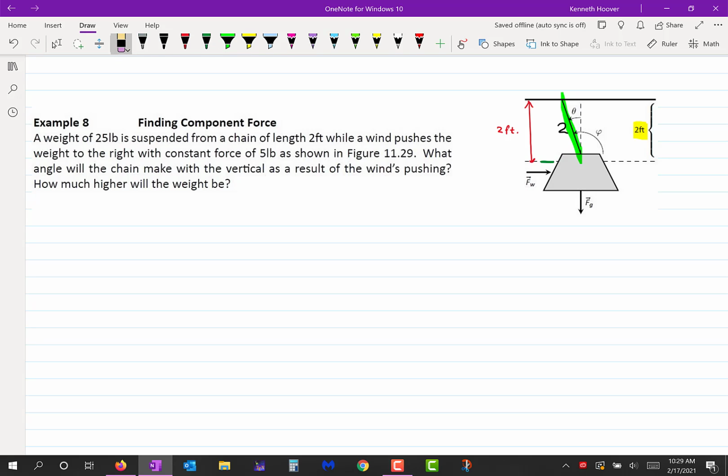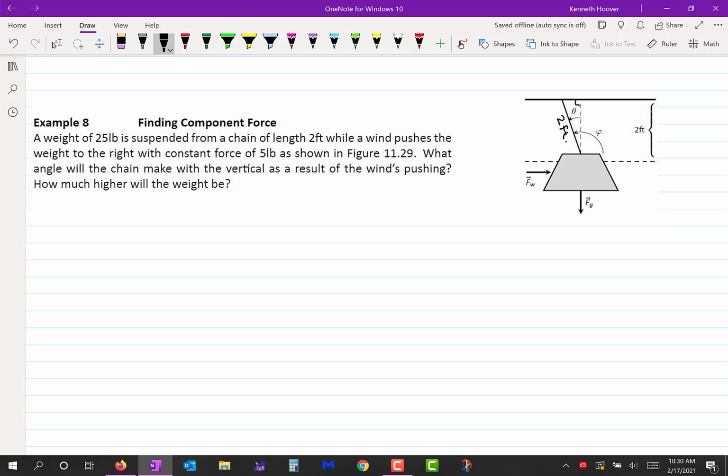I think that makes sense, right, if you think about it. So the important point I'm trying to make for you right now is that this is 2 feet long right here, which is the hypotenuse of this right triangle.